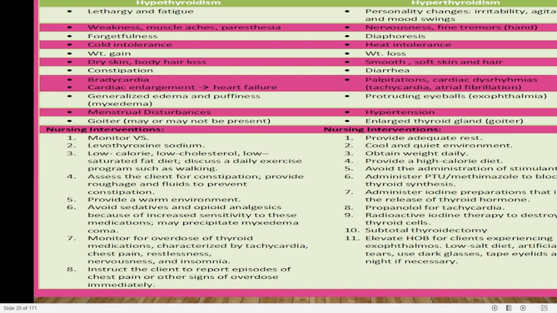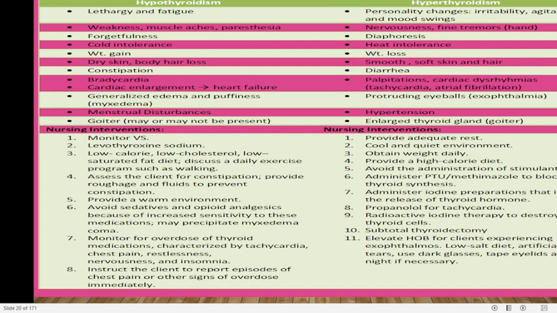We have diaphoresis, that's excessive sweating, heat intolerance, weight loss, smooth, soft skin and hair, diarrhea, palpitations, cardiac dysfunction, tachycardia, atrial fibrillation, protruding eyeballs, the ones that we normally refer to as exophthalmos, hypertension, enlarged thyroid glands, goiter.